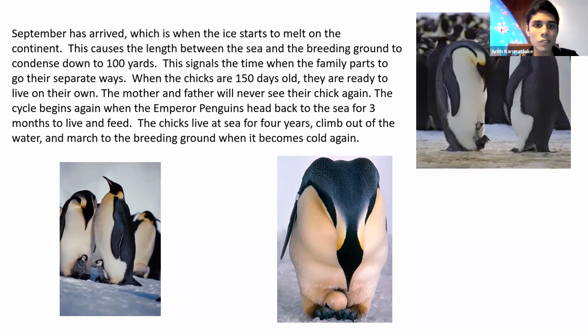The mother and the father will never see the chick again. The cycle begins again when the emperor penguins head back to the sea for 3 months to live and feed. The chicks live at sea for 4 years, climb out of the water, and march to the breeding ground when it becomes cold again. Below you can see how the penguin is keeping the egg warm.